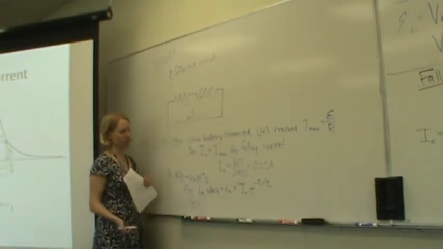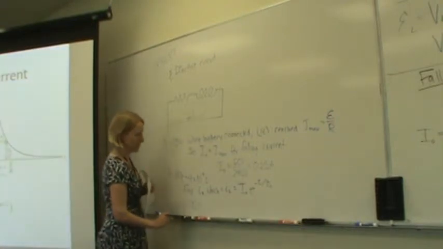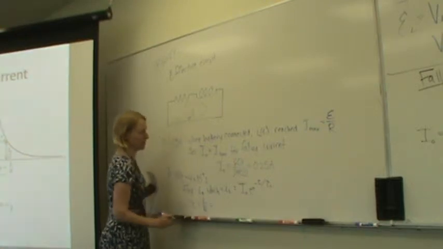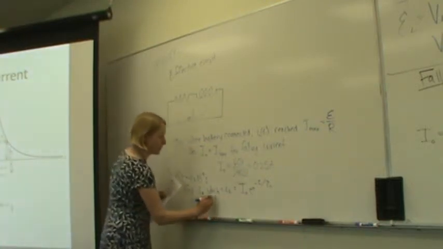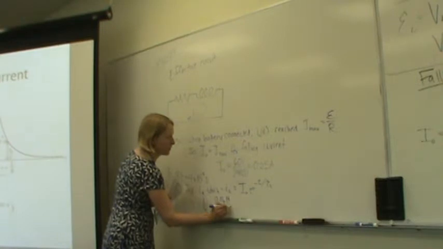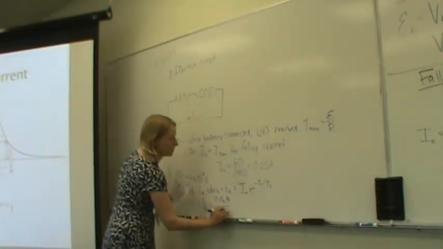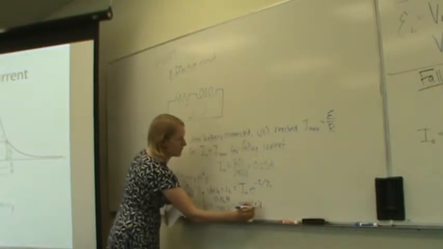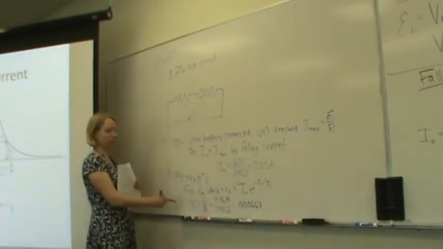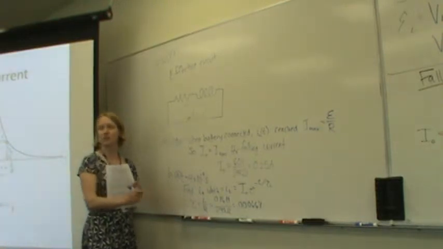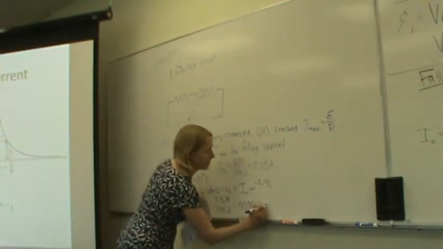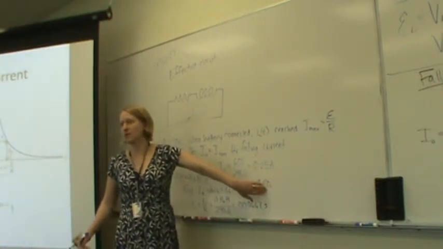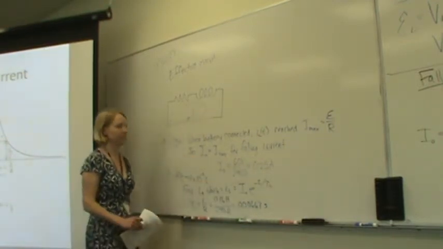Tau equals L over R. L is 0.16 henry over 240 ohms, which gives 0.000667. The units are seconds, and it better be, because we've got time over time constant, so the units have to cancel.